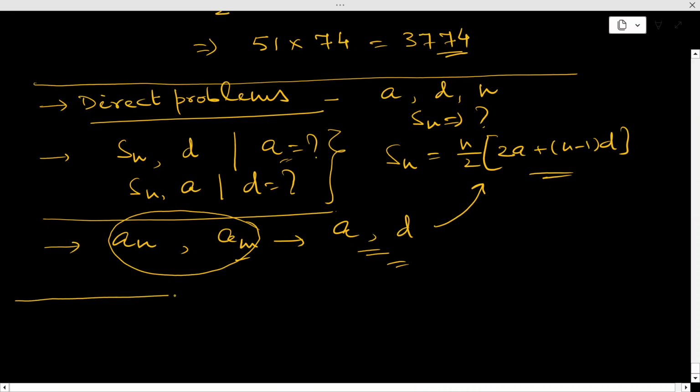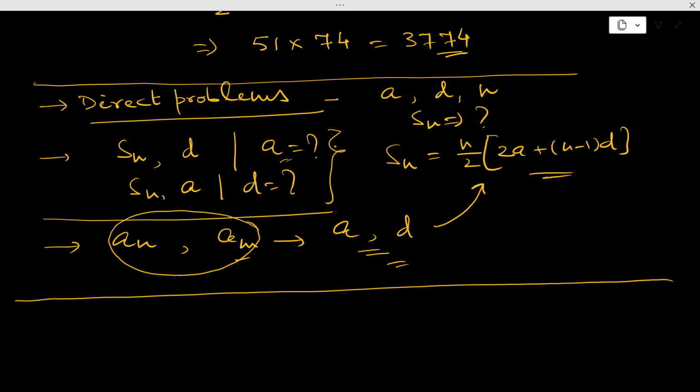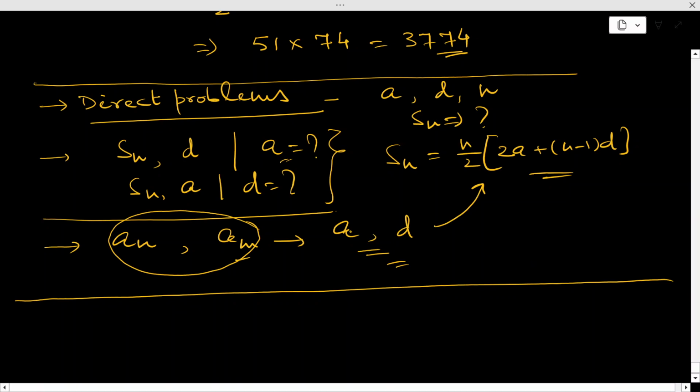Okay, so this is how we use the formula of the sum of n terms, and we can solve different types of problems. So here we have also discussed the different types of problems that we may have and how we can approach or solve these problems. Okay, so that's all.